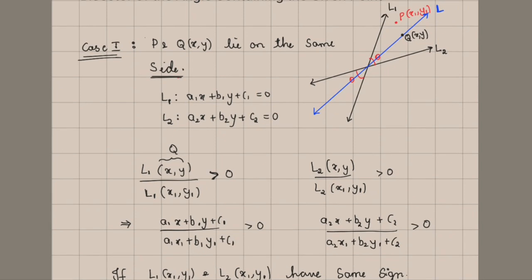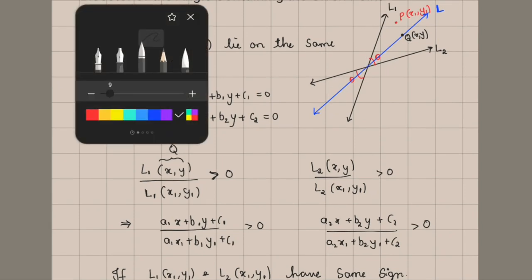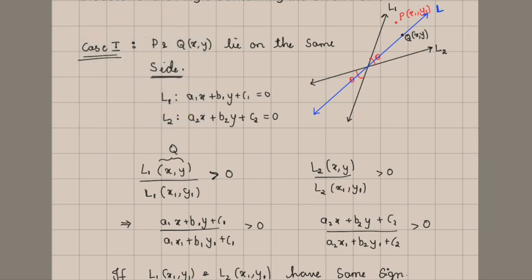Case 2 is when this point Q lies in this region. This is case 2, and this is case 1.